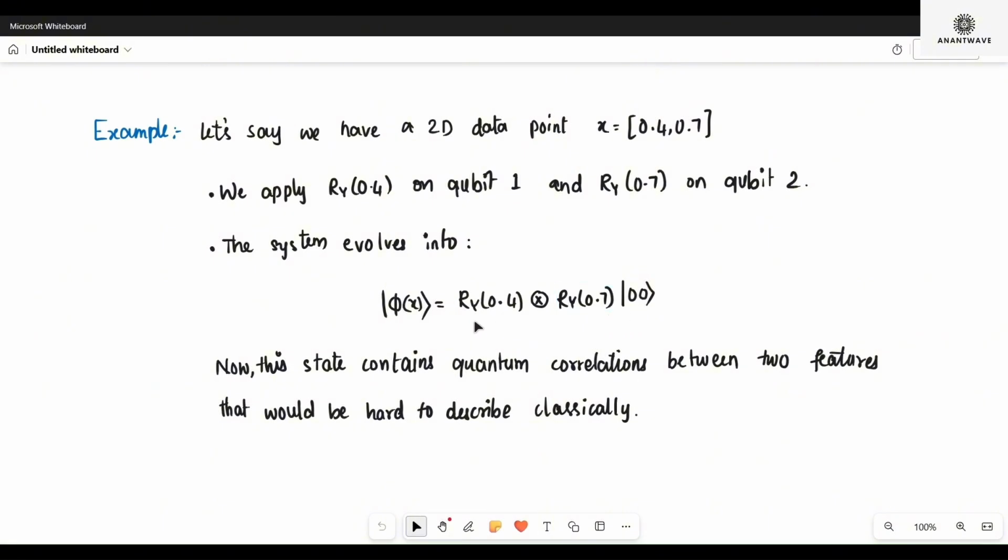We know that when applying any rotation gates, the quantum system first starts in ket 0, 0 because it is 2 qubits. If it is 1 qubit, we'll have ket 0. Now this state contains quantum correlation between two features that will be hard to describe classically.